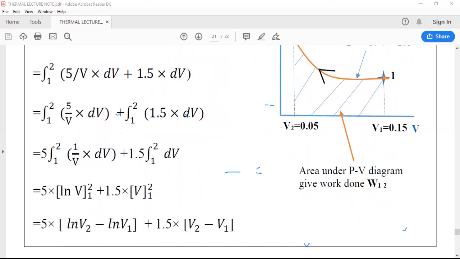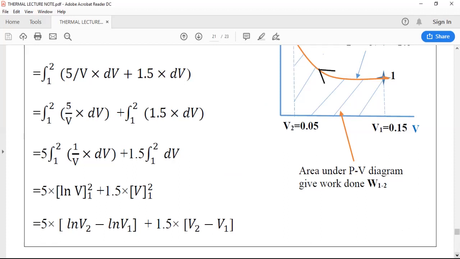We know that the integration of 1/x dx is ln x, so 1/V dV gives ln V with limits 1 to 2. The integration of dV is V, with limits 1 to 2. So we get 5 times ln, upper limit minus lower limit: ln V2 minus ln V1, plus 1.5 times (V2 minus V1). Clear?